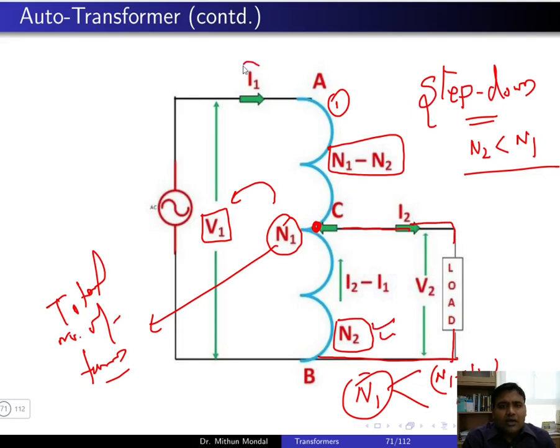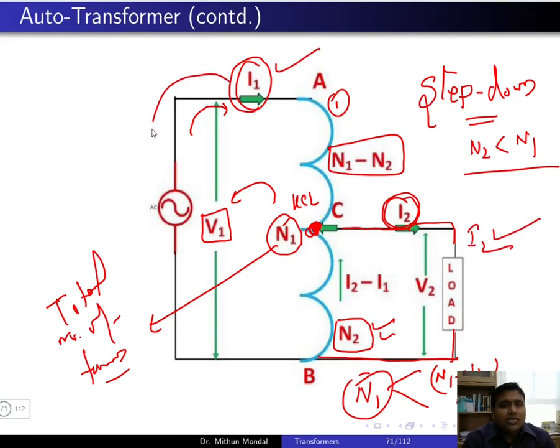Whatever current is being drawn in the primary circuit, I1, now here if you see at this point, we apply Kirchhoff's current law, with I2 being the secondary current which is flowing through the load. So I1 is the primary current and I2 is the secondary current. I1 is associated with the source, I2 is associated with the load. Then if we apply Kirchhoff's current law at this particular point, you will get a current I2 minus I1 flowing in this direction.